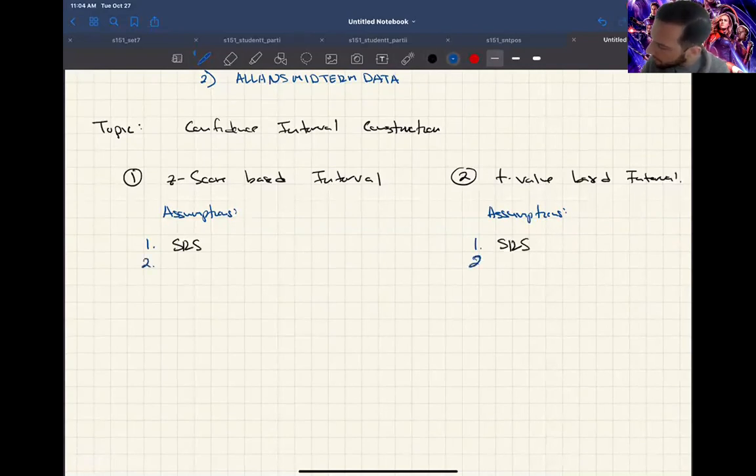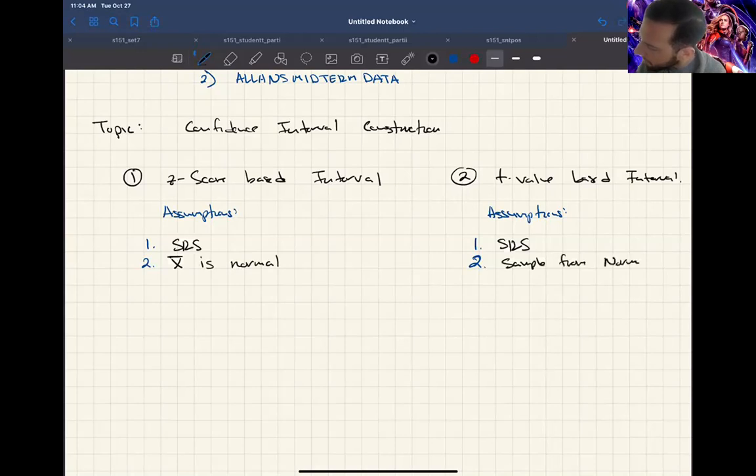The second assumption, for the Z score based interval, is that X bar is normal. For the student T, we have a slight twist: sample from a normal population.